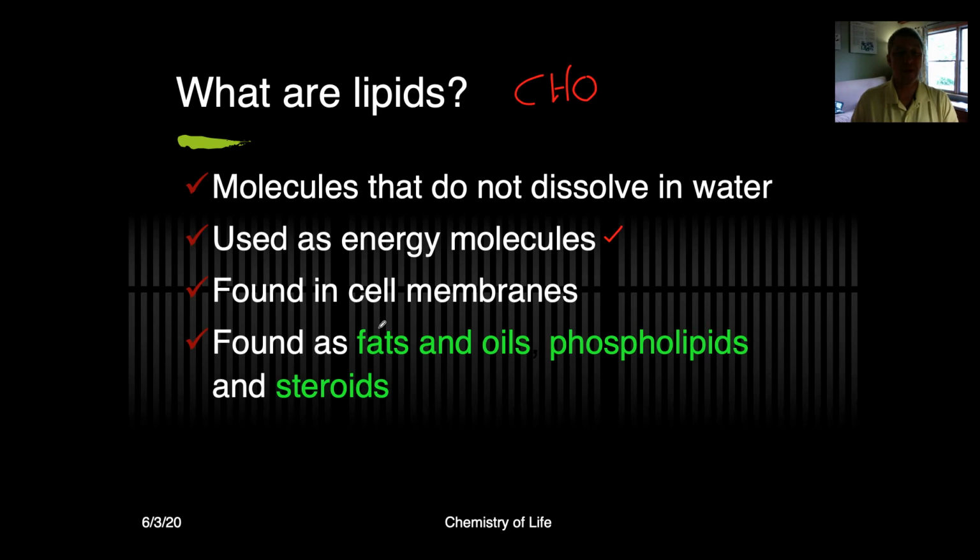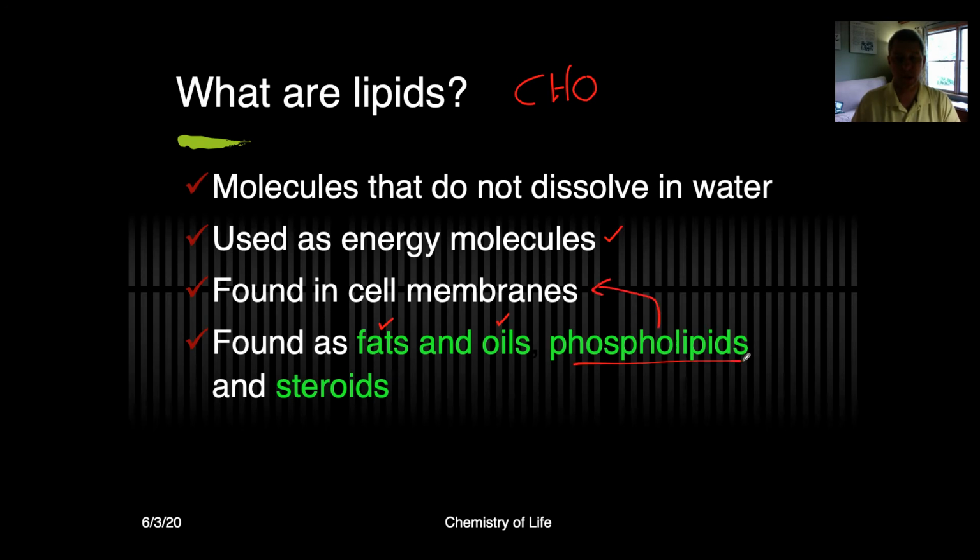Now, there are four major kinds of lipids that we'll talk about over the course of this course. The nutrient types are fats and oils; we'll talk about the difference between them in a minute. Phospholipids are found in cell membranes, all right?